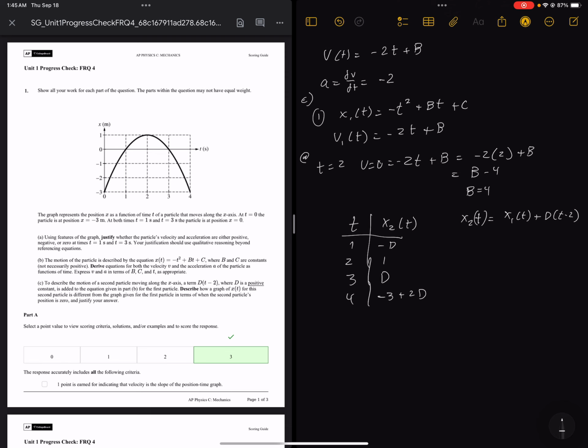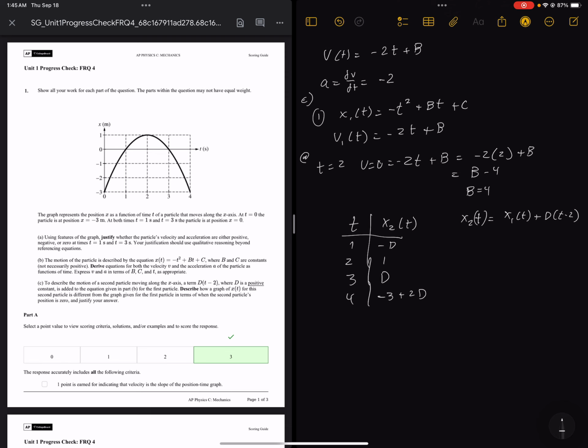You can think of d as representing the initial velocity of particle 2. If particle 2 has a very large initial velocity, it's going to take a while for its position to become negative, and that makes sense. You throw something up really fast, it's going to take a while for it to come back down.